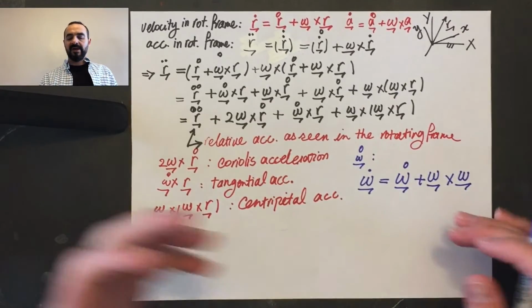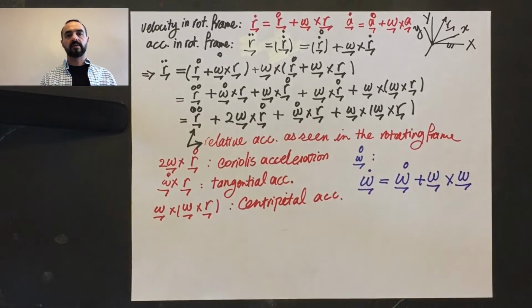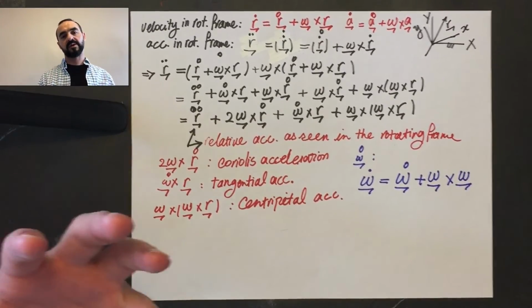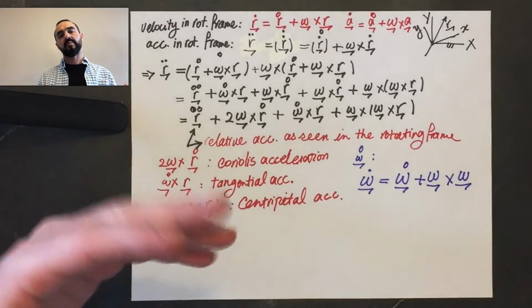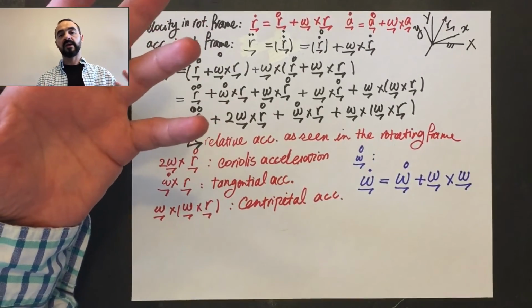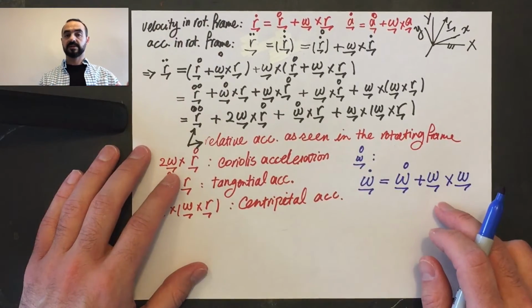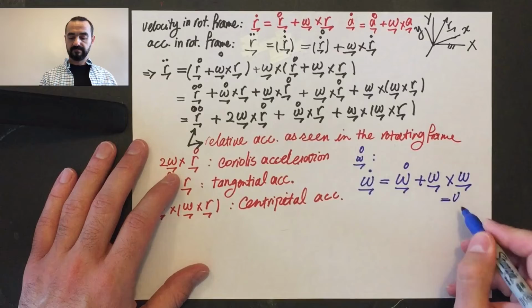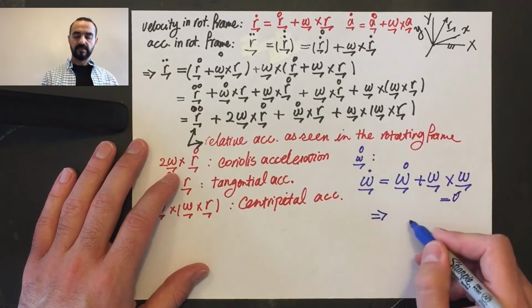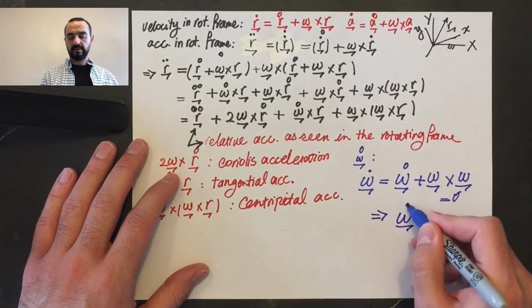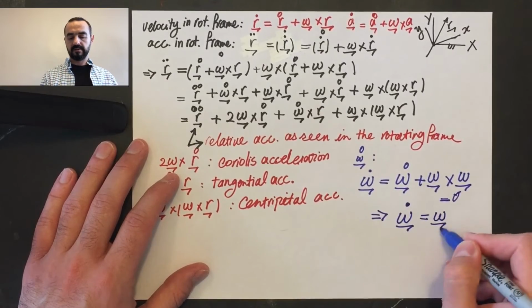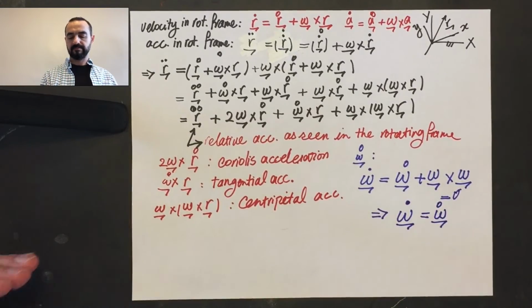All right, so now you could easily see that. What is omega cross omega? This is a cross product of a vector by itself. The angle between the two is 0 now. So sine is 0. So this term goes to 0. So from this, we conclude that omega dot is omega circle.